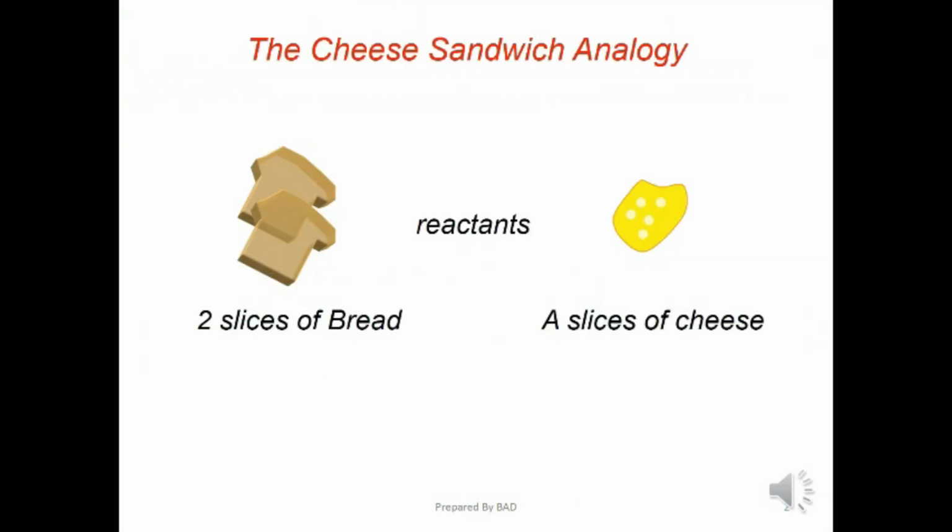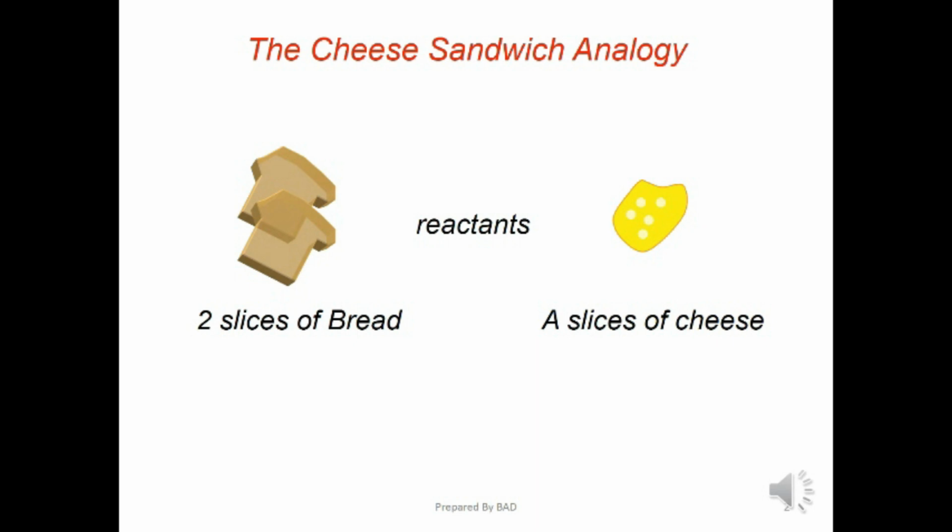Let's use a simple analogy to understand more about limiting reactant: the cheese sandwich. To make one cheese sandwich, we need to have 2 slices of bread and 1 slice of cheese.